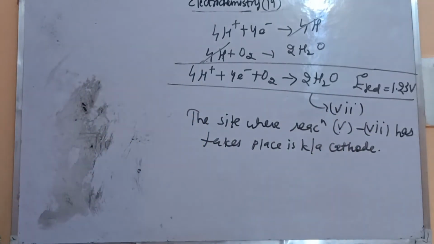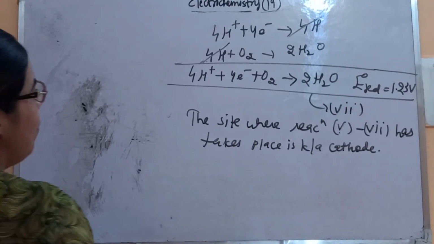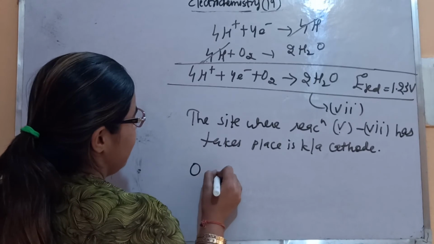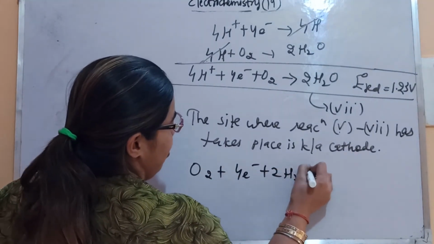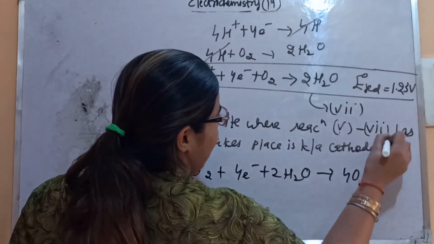Now we will try to get the overall reaction. Here we have got the reduction reaction. Now the dissolved oxygen can also take up electrons directly to form OH minus ion.